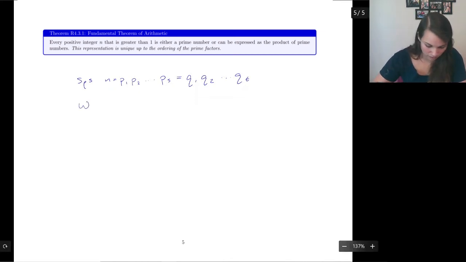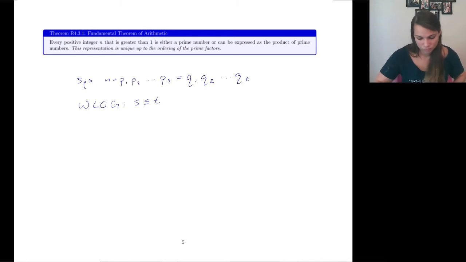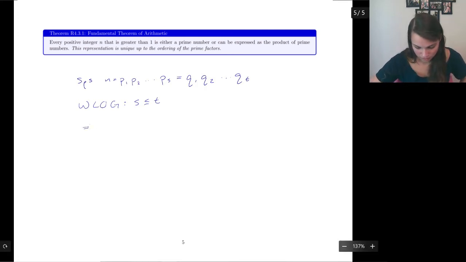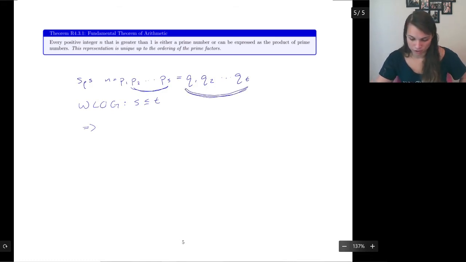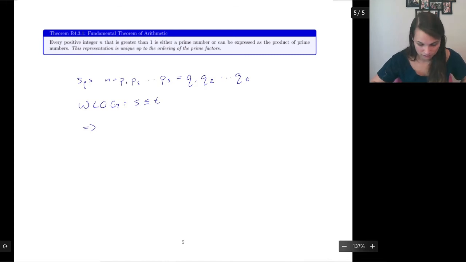So we're going to say, without loss of generality, s is less than or equal to t. For no particular reason, you could do t bigger than s. It really doesn't matter. So then what we have is p1 times an integer is equal to this integer. That is the definition of divides. p1 is going to divide q1 times q2 all the way up to qt.